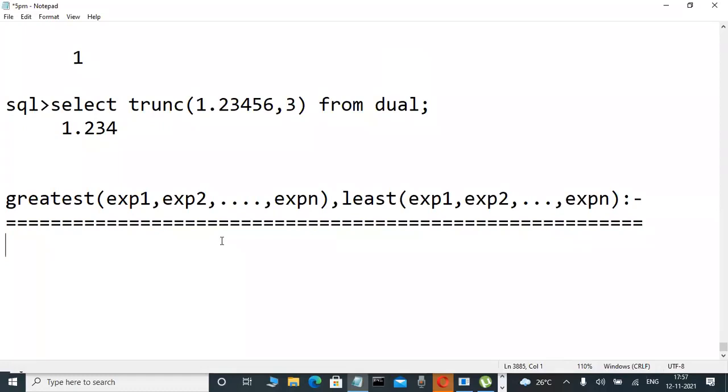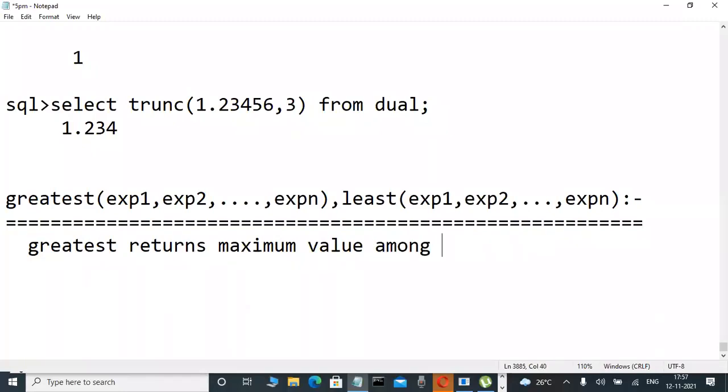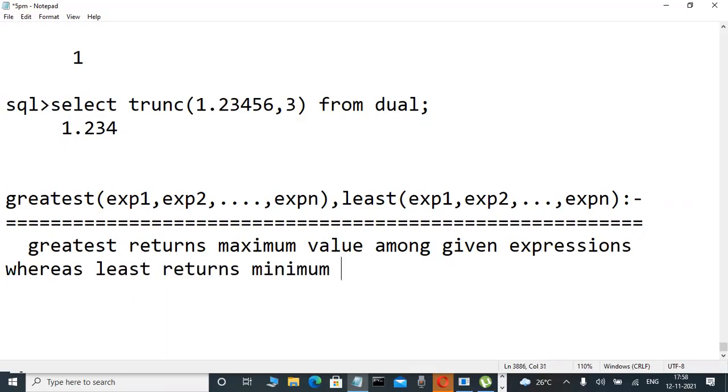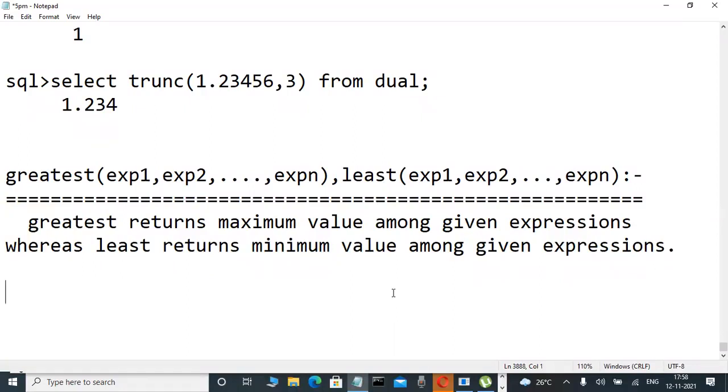Write some theory: greatest returns the maximum value among the given expressions, whereas least returns the minimum value among the given expressions.